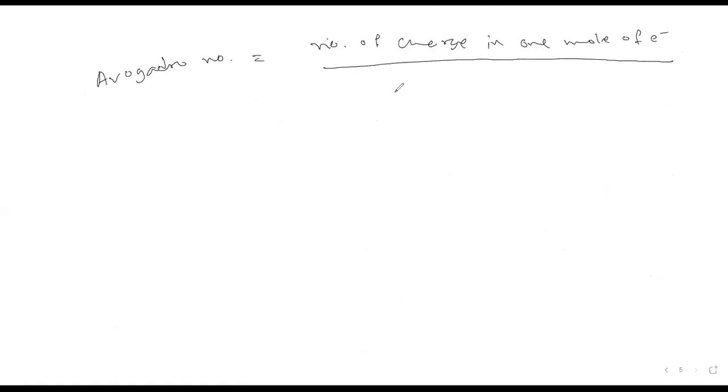Now, we have already heard about the Avogadro constant, or Avogadro number. So what does that mean? In equation terms, we can say that it is the number of charge in 1 mole of electrons divided by the charge on 1 electron.